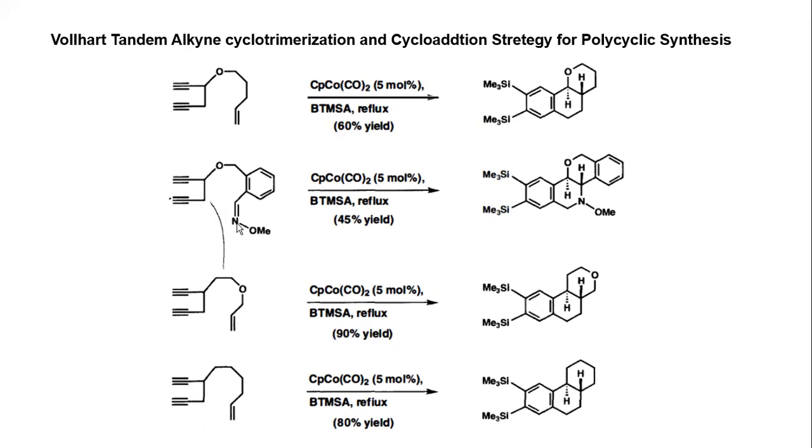Similarly, with slight variations, you will get different types of products. So basically, using these different strategies, as I discussed earlier, you can construct different ring structure models, which will help you synthesize different kinds of steroids.